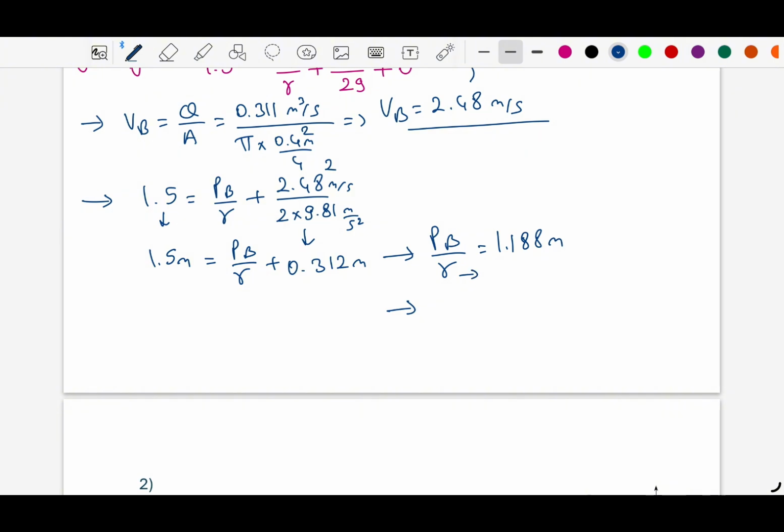So since the specific weight is 9,810 Newton per cubic meter, we can calculate the pressure B, which gives 11,654 Pascal or 11.65 kilopascal.